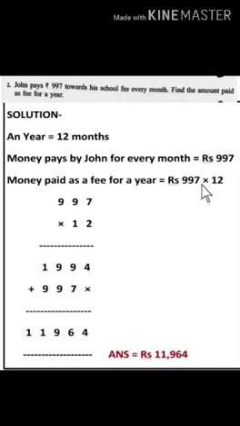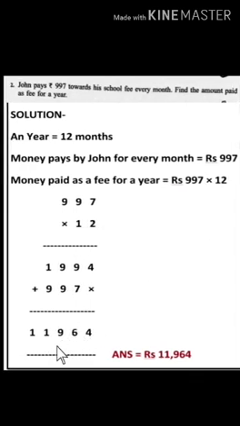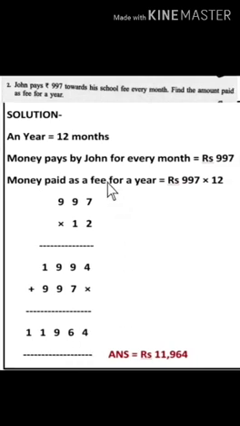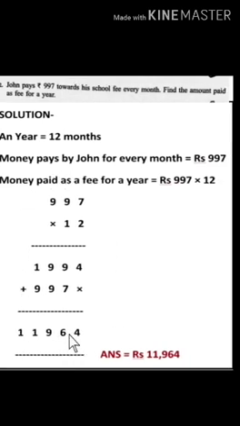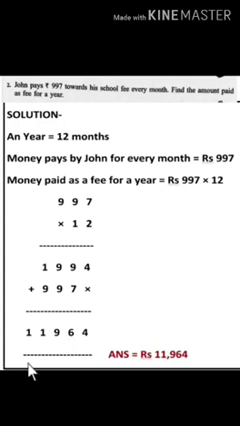Then you show the solution of multiplication and get the answer. I know you can solve that question with multiplication yourself. The answer is 11,964. Show that solution with the rupees sign.